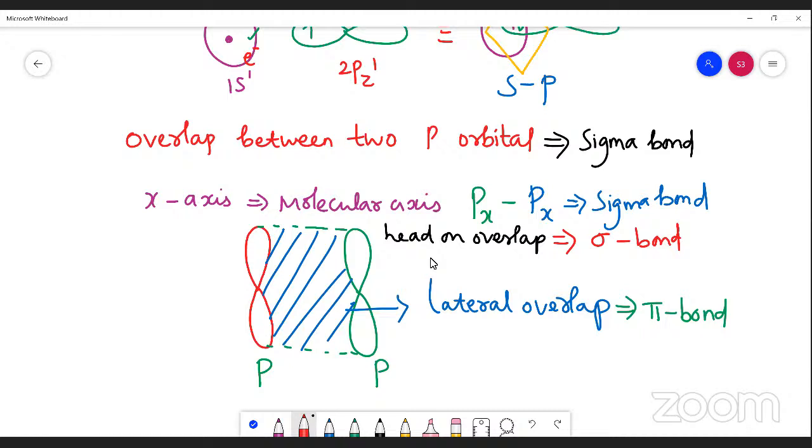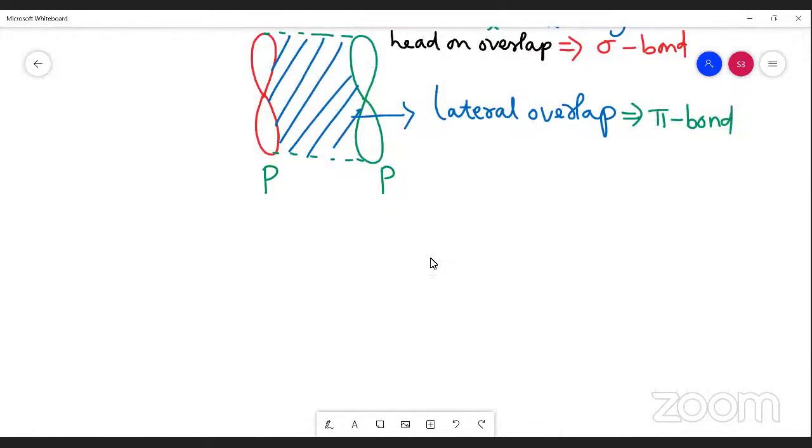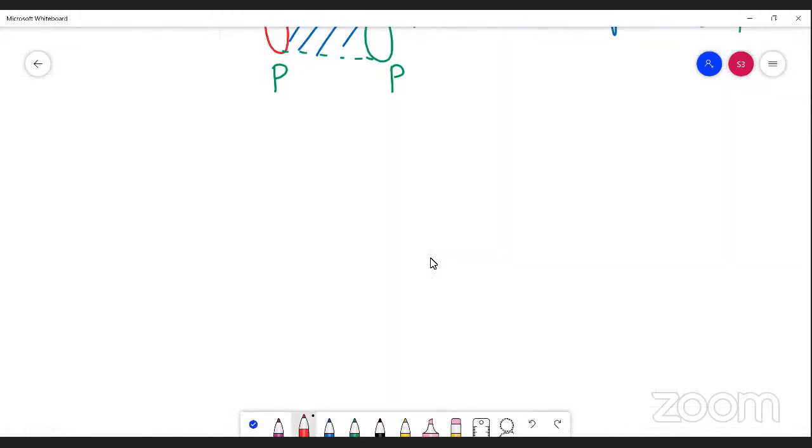Next I'm going to show the formation of bonds by taking various examples. First of all, the formation of a hydrogen molecule.